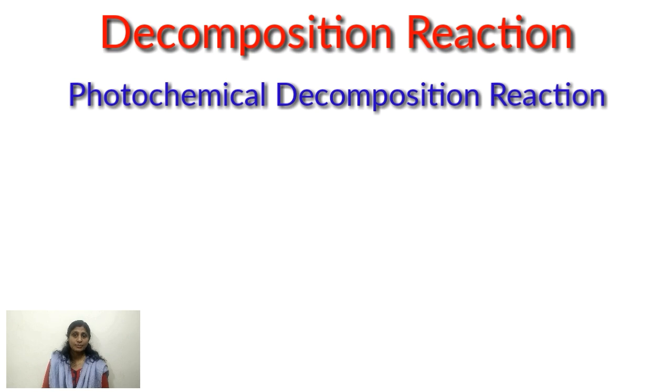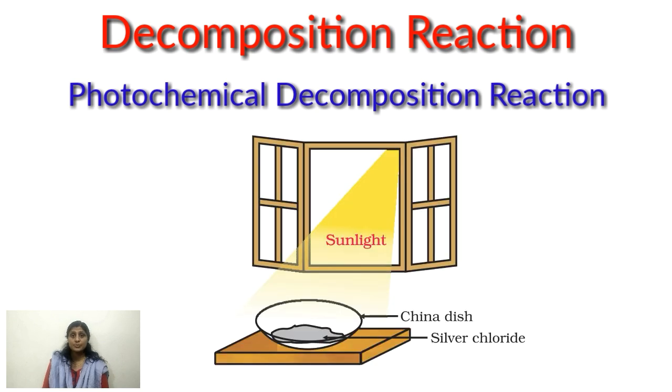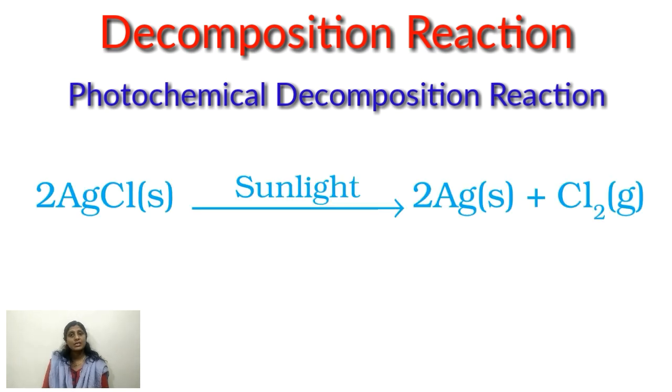Next one, photochemical decomposition. The decomposition reaction that can occur with the sunlight are called photochemical decomposition. Example, when silver chloride is exposed to light, it decomposes to form silver metal and chlorine gas. 2AgCl solid, when exposed to sunlight, you are getting 2Ag solid plus Cl2 gas.